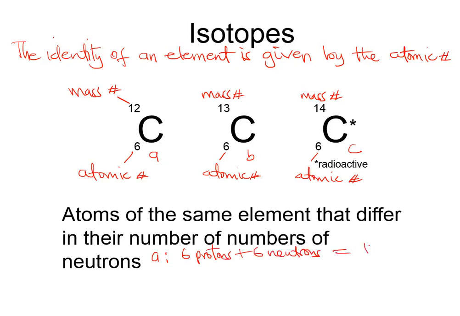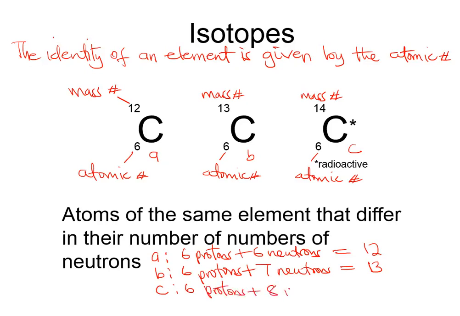Therefore, its mass is 12. B has 6 protons, and because it has 6 protons, it is carbon. It has 7 neutrons. That's why its mass is 13. C has 6 protons and 8 neutrons. That's why its mass is 14.